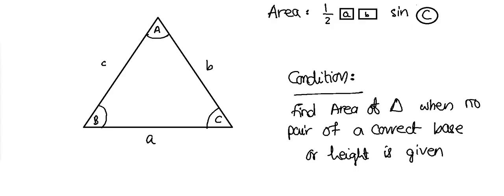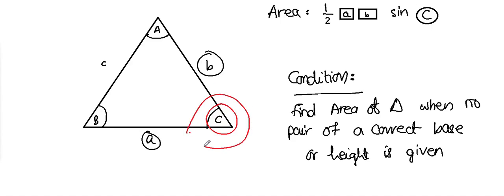Okay, give me a minute, we'll continue in a minute. Okay, so what do I mean by this formula? The sides A and B are these two sides, and the side of this angle C is this one. So what we will use is the angle together with the two sides that correspond to each other.